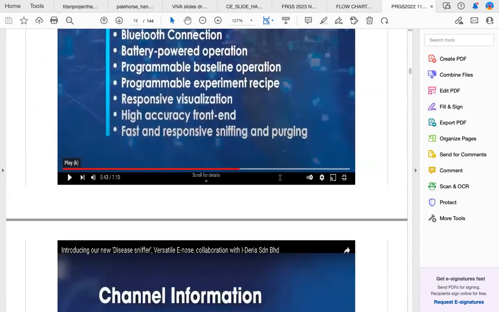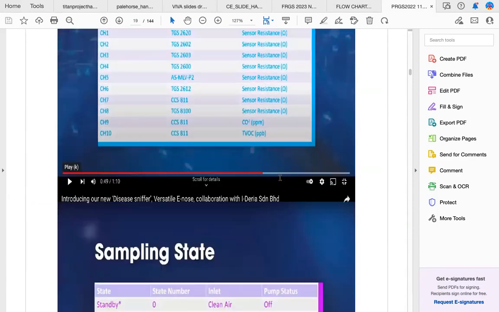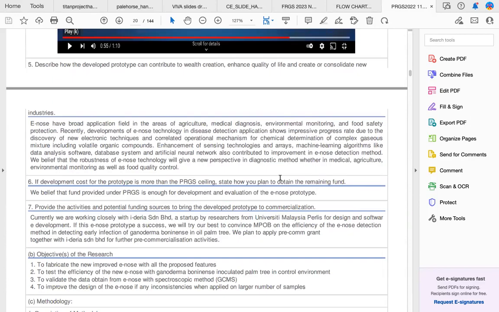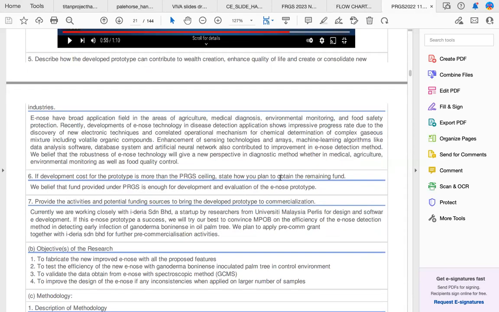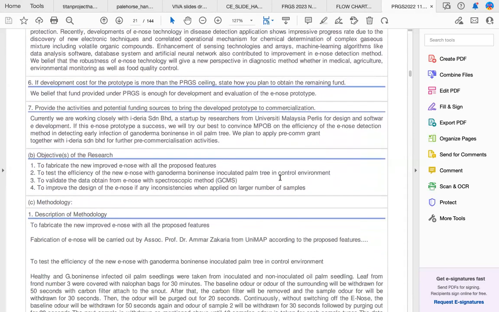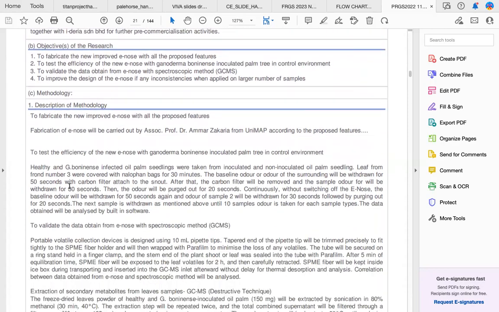So it was a very detailed prototype development, applied application, but it was rejected as well. Right, objective, okay. Now you can see the word fabricate because it is a prototype, to test, to fabricate, to do the things, to improve the designs, and description of methodology.